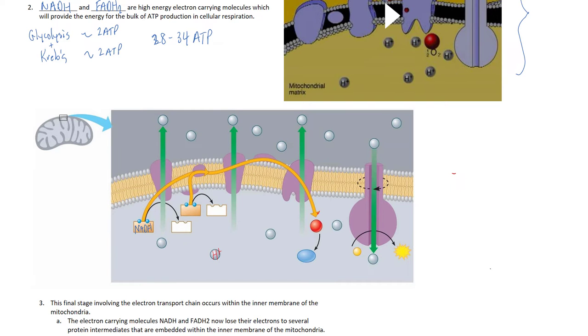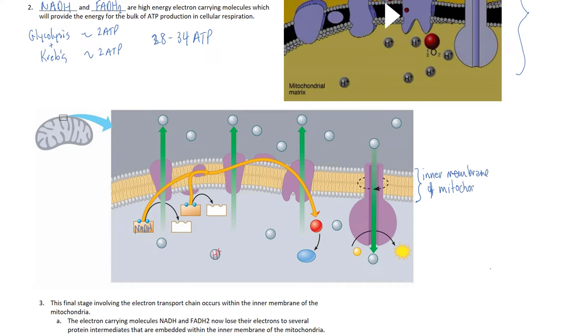The only difference really between the two is where they pass their electrons into the electron transport chain. What we want to remember is that this phospholipid bilayer comprises the inner membrane of the mitochondria.